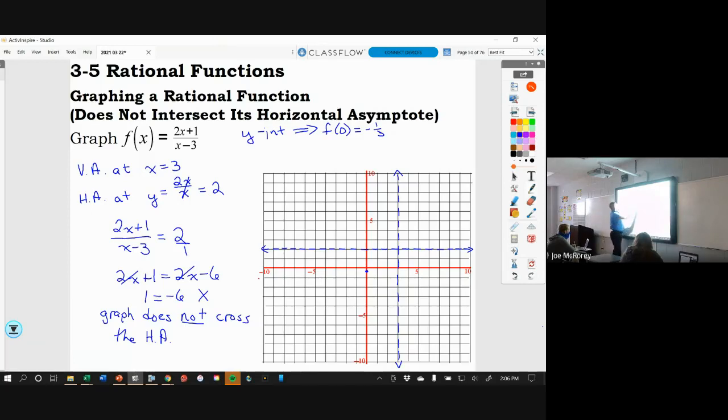Do we have an x-intercept? Yeah. When does 2x plus 1 equal 0? That happens when x equals negative 1/2. So negative 1/2 is right here.